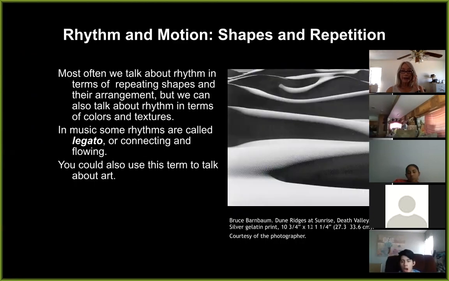You can create rhythm in photography, in painting, in almost any kind of art form. And oftentimes we see it just in repeating shapes, but you can also talk about it in terms of color and texture. In this photograph of Death Valley, we see these undulating forms, light going to dark.